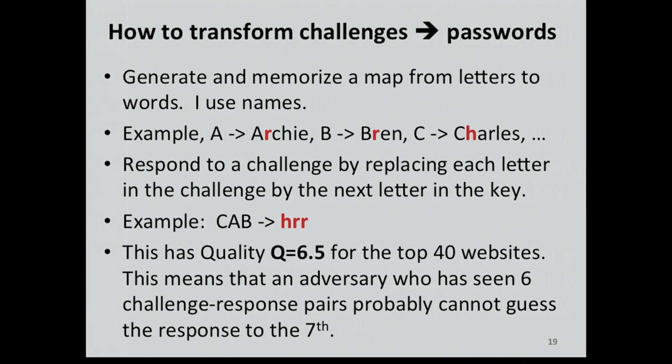What that means is that for most dictionaries, including the top 40 websites, which is a good sample set, an adversary who gets less than 7 challenge response pairs will not have enough information to figure out what's going on. But if they have 7, then they have a reasonable chance to find out what's going on.